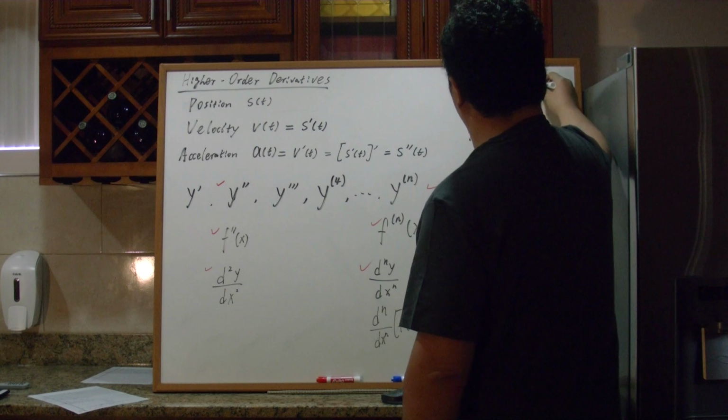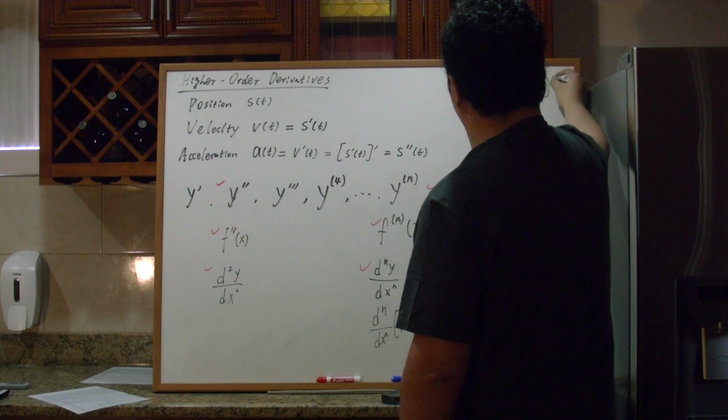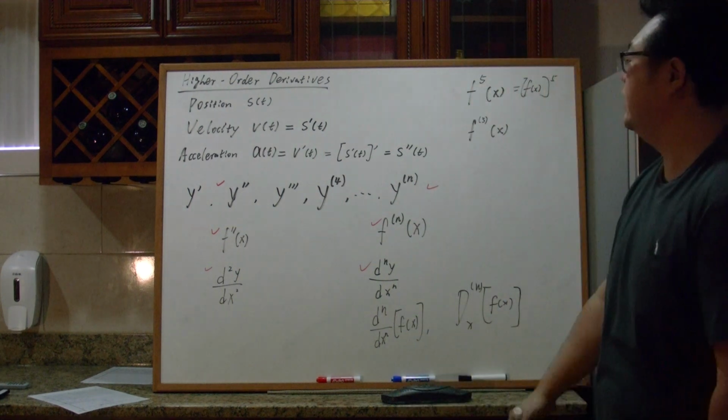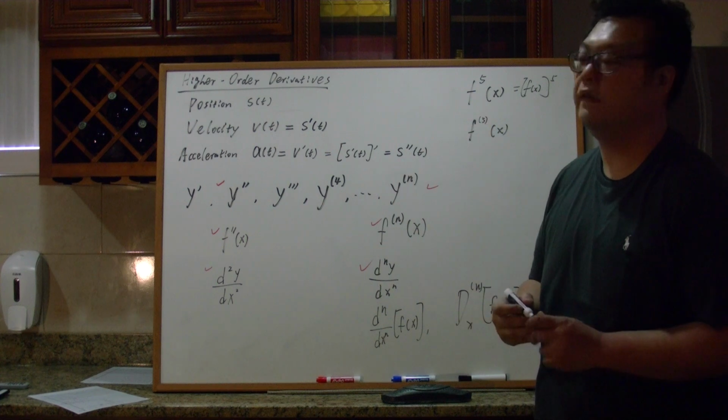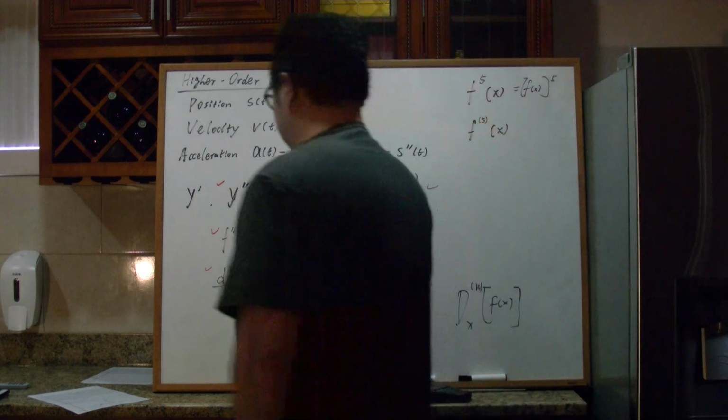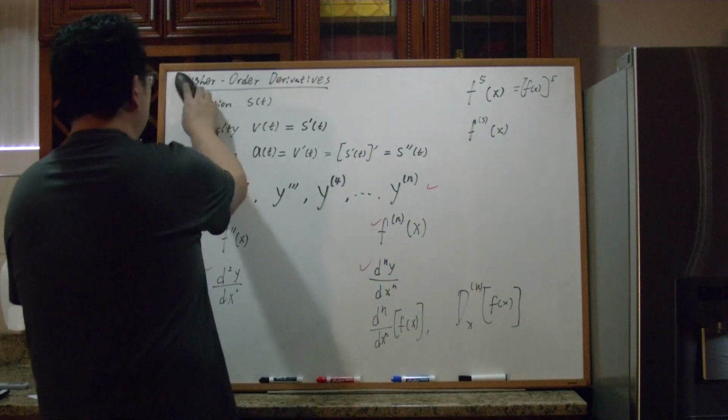That is f of x to the 5th power, like trig functions. Some people write it that way, and putting parentheses means we differentiate 5 times, a little different thing. Anyway.